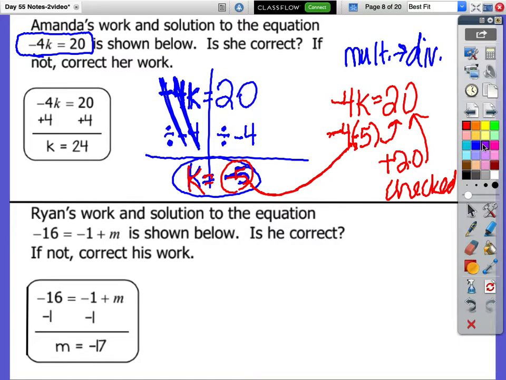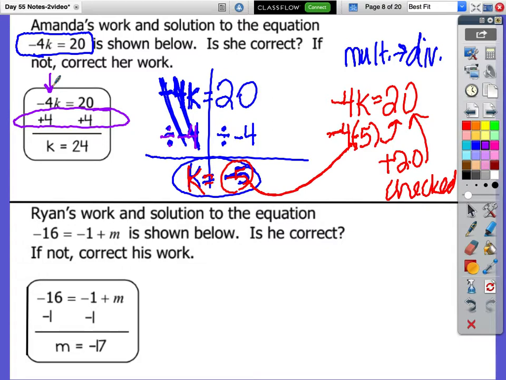So in this problem, let me switch to purple for just a second. If we compare our work of dividing by negative 4 and we look at Amanda's work where she added 4, that's the problem. Amanda should not have added 4. What Amanda thought was, she saw this negative 4 in front of k, and she said, oh, I guess that must be subtraction.